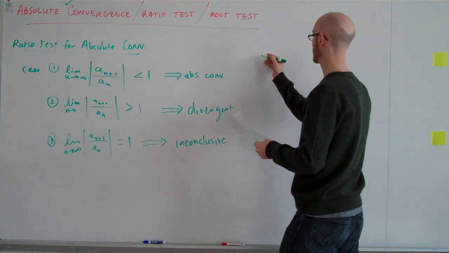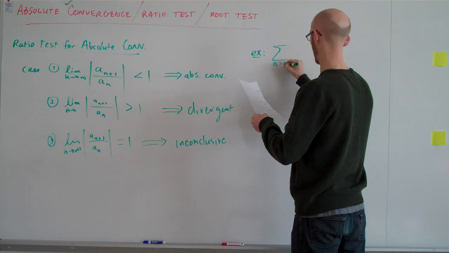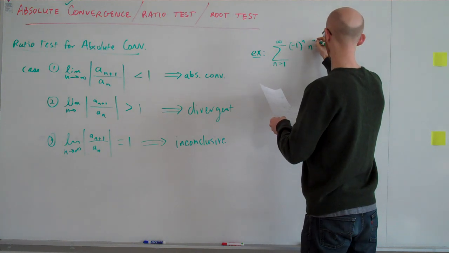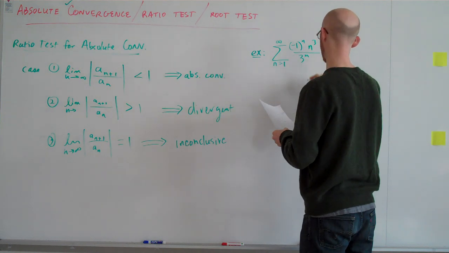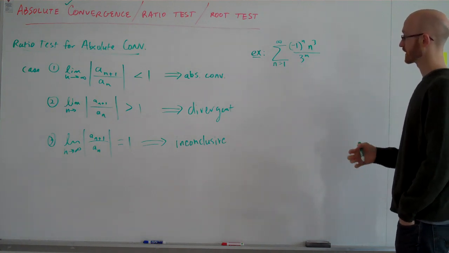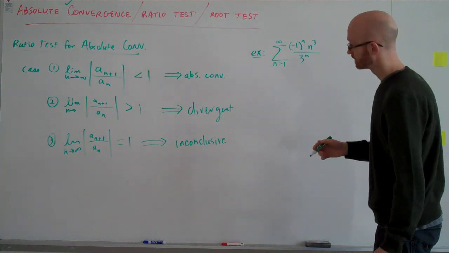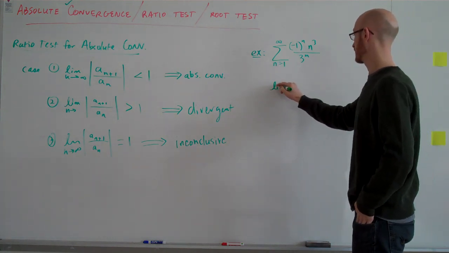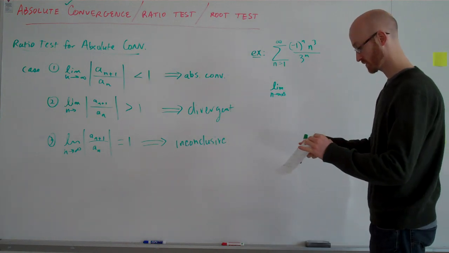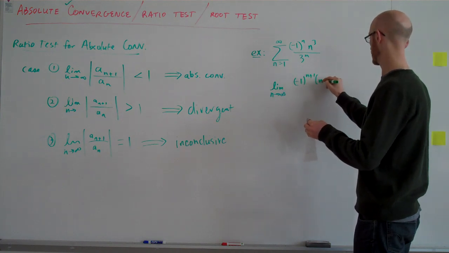So an example is the following infinite series: -1 to the n, n cubed, over 3 to the n. So the first thing we're going to do is take the limit as n approaches infinity of a sub n plus 1, and I'm going to make sure I don't make any mistakes writing them out. N plus 1.